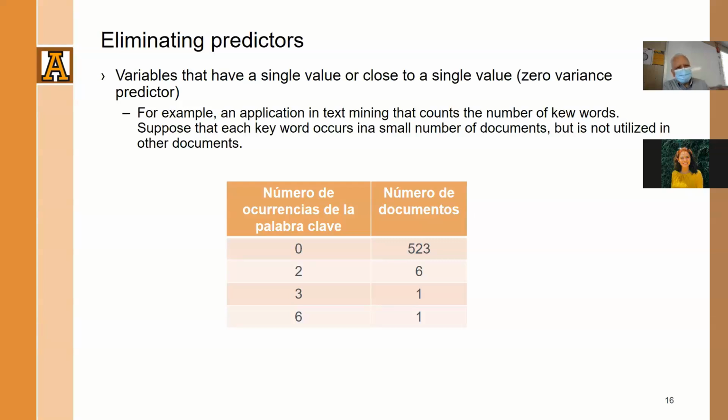If one of the keywords you're looking for occurs only in very few documents, where each observation is a document, or does not occur at all in any document, or only occurs in 8 documents, then it doesn't make sense to consider that keyword, because most of the documents do not have the keyword.